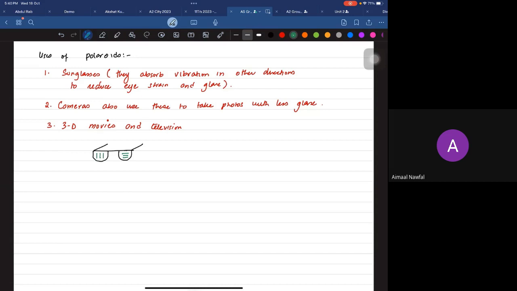Sir, sometimes it's red and blue, different colors. Is there a reason? It's just to make sure that the colors of the movie don't mix. So there are two filters there. One movie is of red color, one movie is of a blue shade.